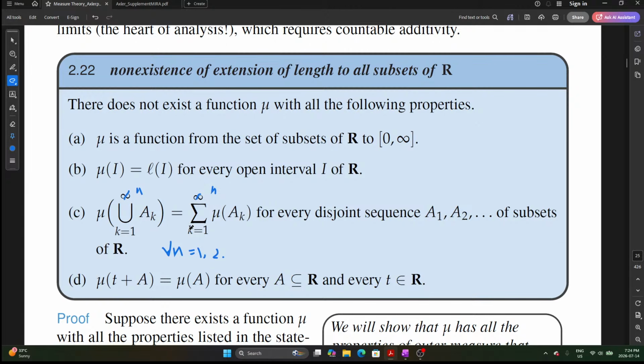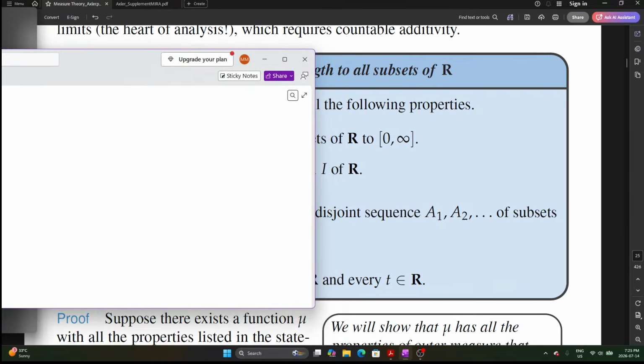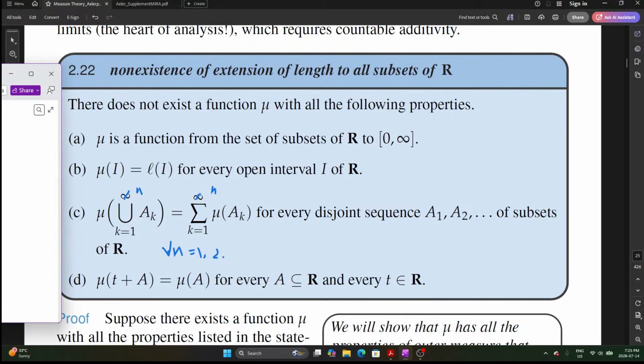But why not uncountable? Well, that's actually quite easy, because we have, hang on, let me just find the notes there. I made an example of why uncountable additivity is a bad idea. Hang on. I really should organize my notes.